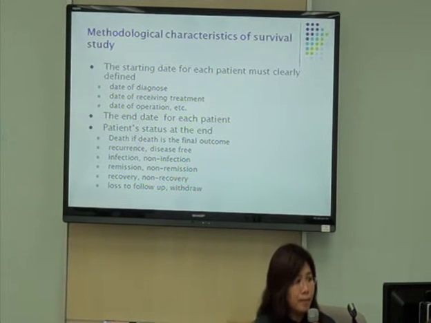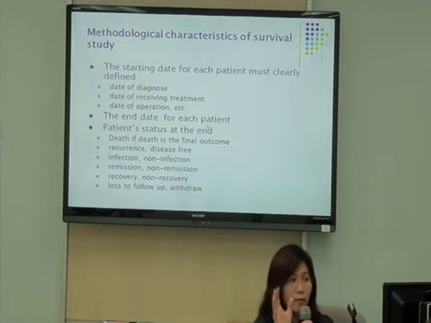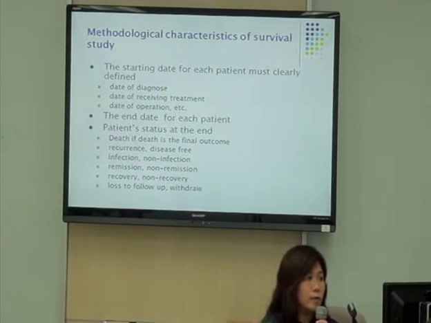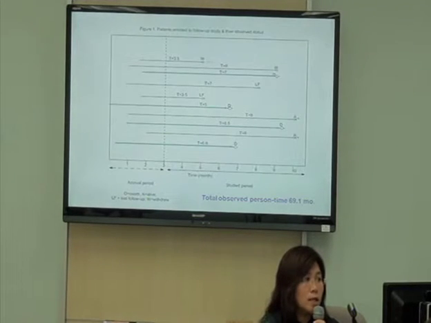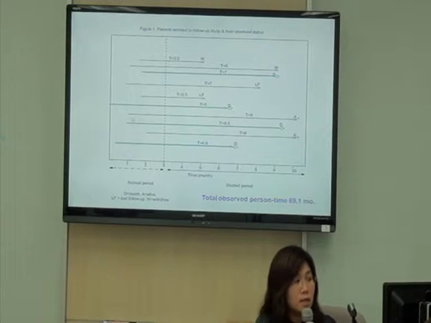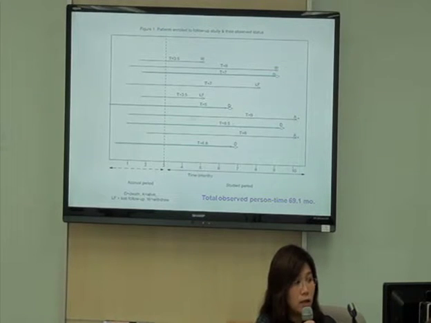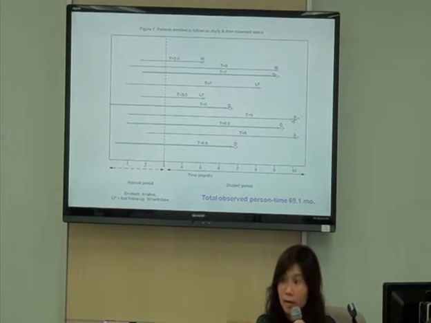Okay. And the second part is the end date of each patient. So that means that you have to identify what is the duration for each subject. If they're still alive until your study ending date, so the duration is the total time here, right?